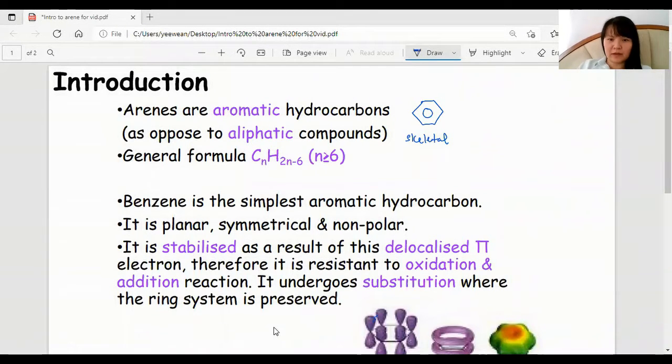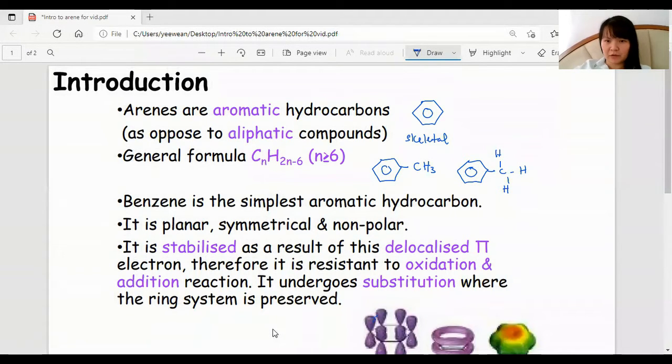This skeletal way is the most common way to represent our benzene ring. It could have a methyl or ethyl on it, and the general formula would be CnH2n minus 6. For example, if we have a methylbenzene, I can write it like this, with a methyl, or perhaps like this, or like how I drew it just now.